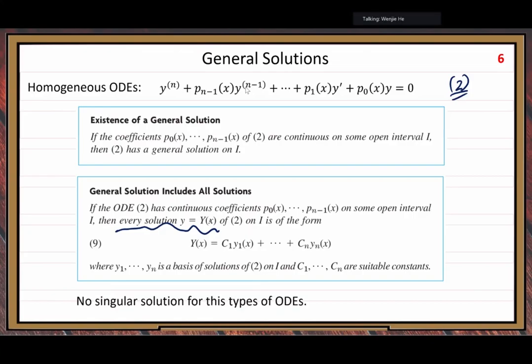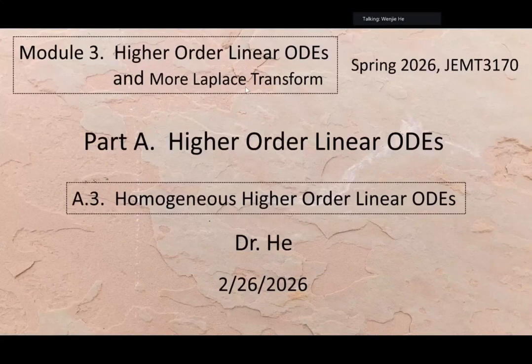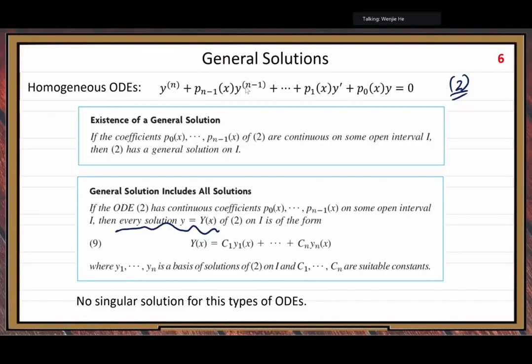If this general solution covers all the solutions, that means there are no singular solutions for this type of ODE. So what's the singular solution? Remember? A singular solution is a special solution that cannot be derived from the general solution.